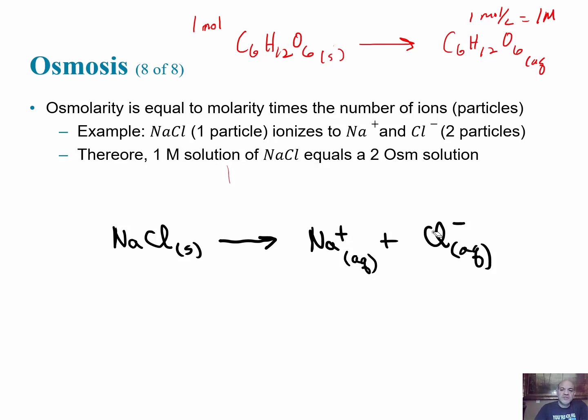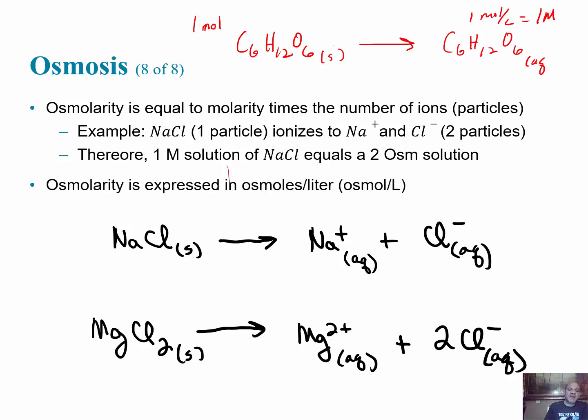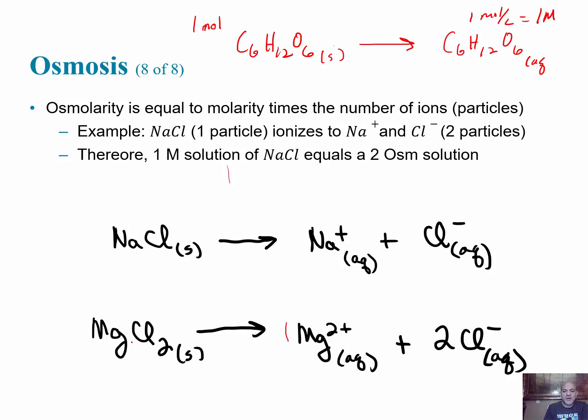So number of osmoles is just the number of particles. And if we took something like magnesium chloride, which has a magnesium and 2 chlorines in the formula unit, when you dissolve it, 1 mole of magnesium chloride is going to give us 1 mole of magnesium ions, but 2 moles of chloride ions.